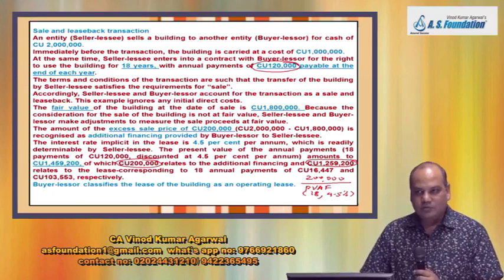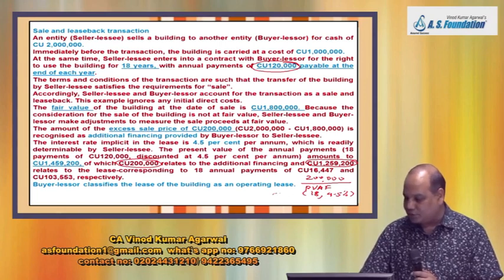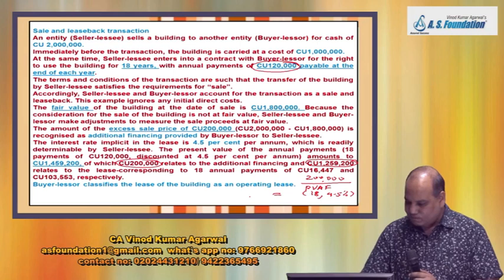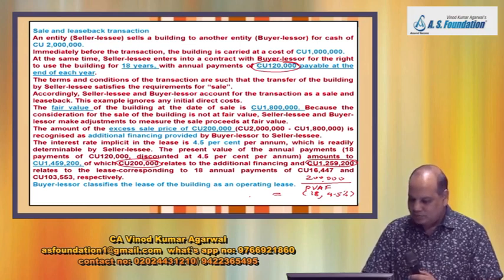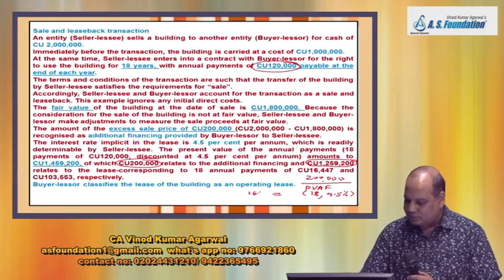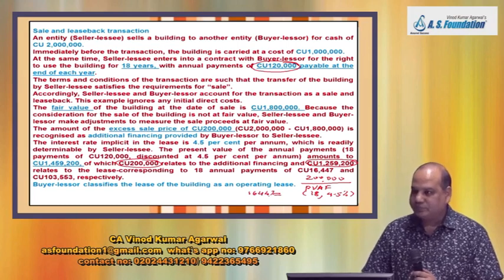Is it right? 2 lakh divided by PV annuity factor 18 years 4.5%. If you try, you will get this answer. Just try, anybody. Are you getting 16,447? Yes. Okay. That is not very much relevant right now.